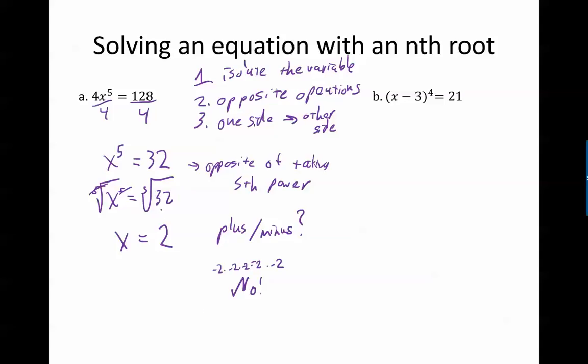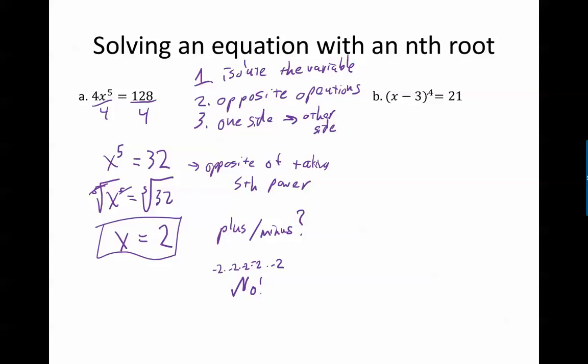But whenever we do a radical, we do need to check, is it plus or minus? In this case, it is not. Because it's x equals, so it's just x equals 2. You will find, by the way, that odd roots are not plus or minus, but even roots are plus or minus.